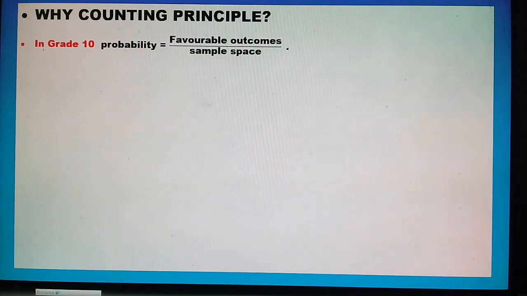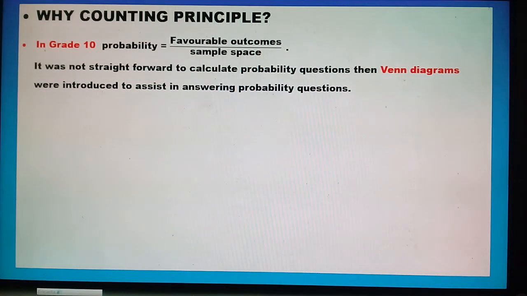It was not straightforward to calculate the probability. Then Venn diagrams were introduced to assist in answering probability questions, because it was not that straightforward.